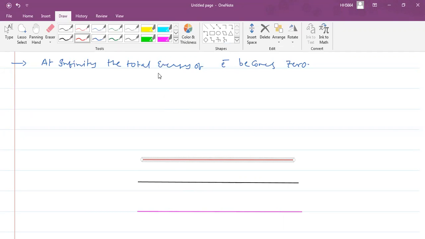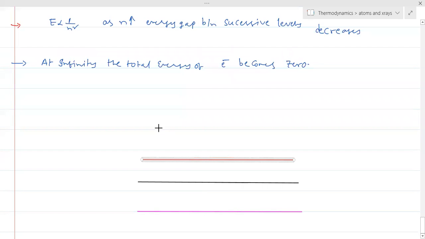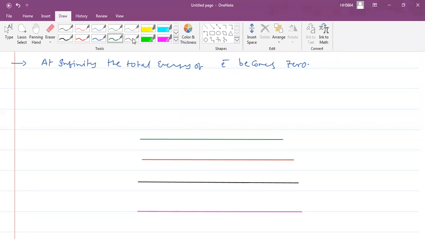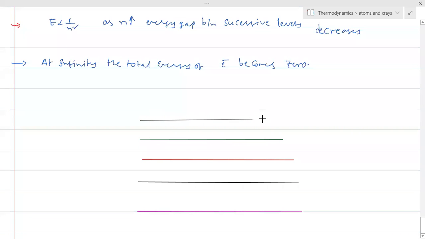This is the second level or first excited state. This is the fourth level or third excited state. This is the fifth level.